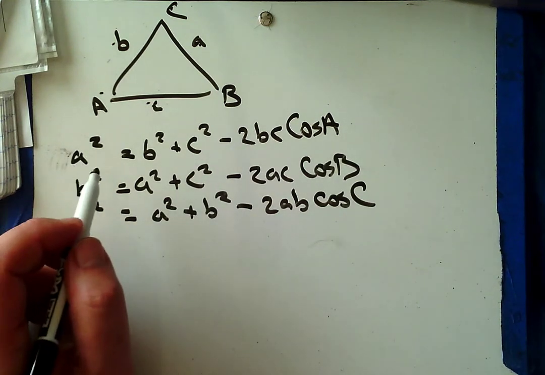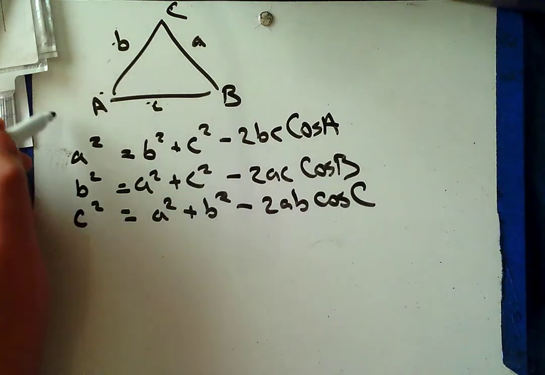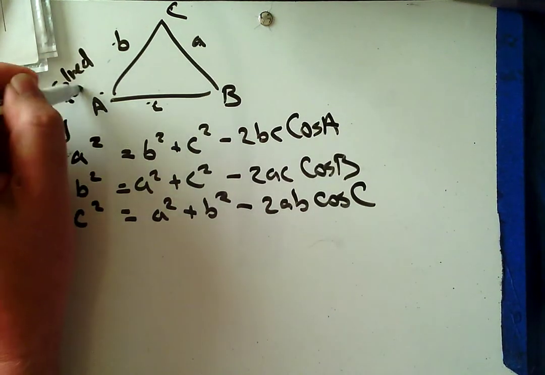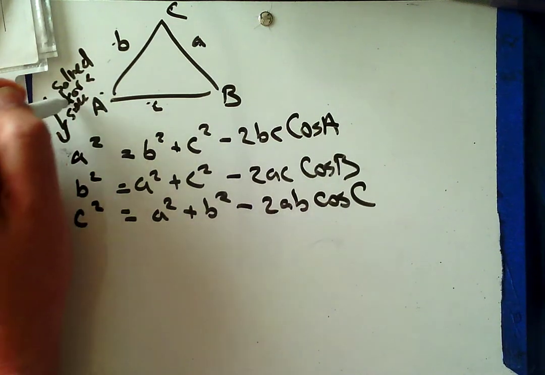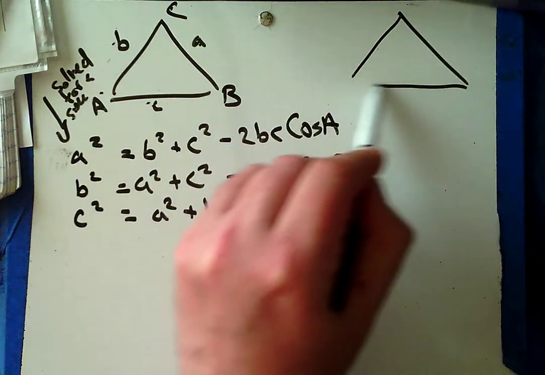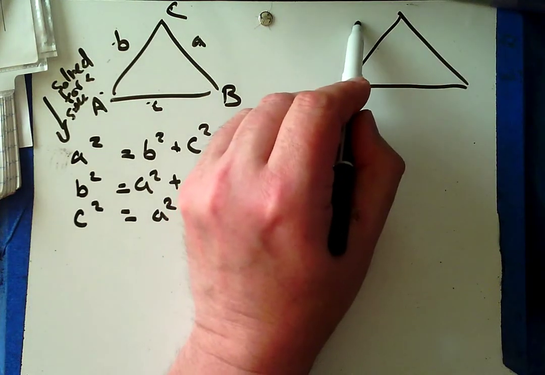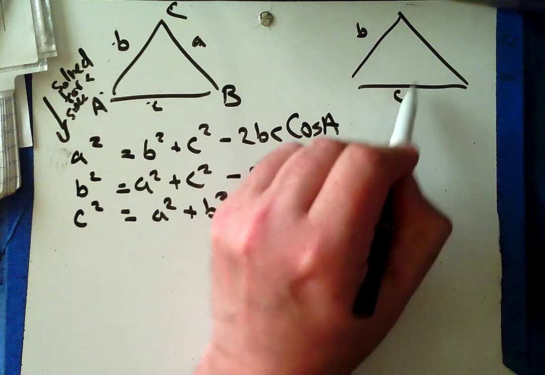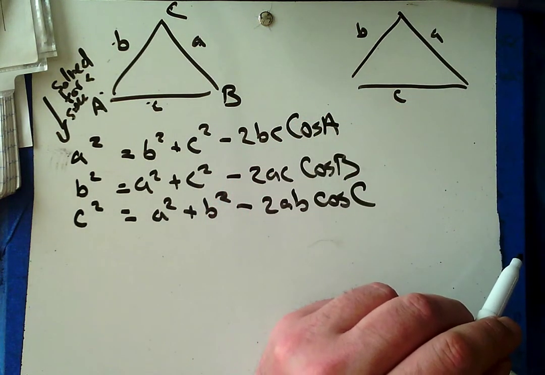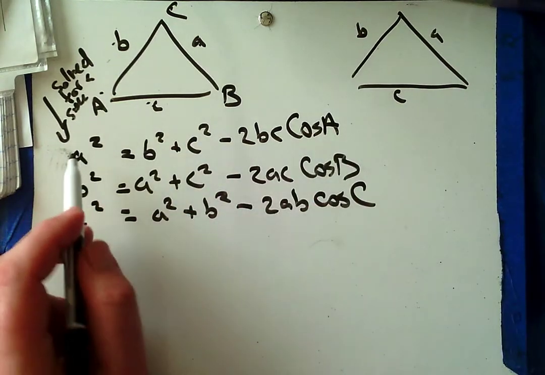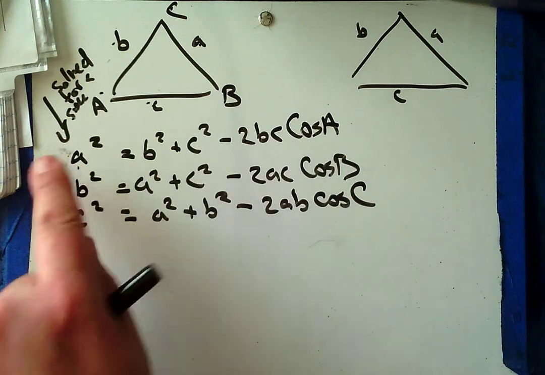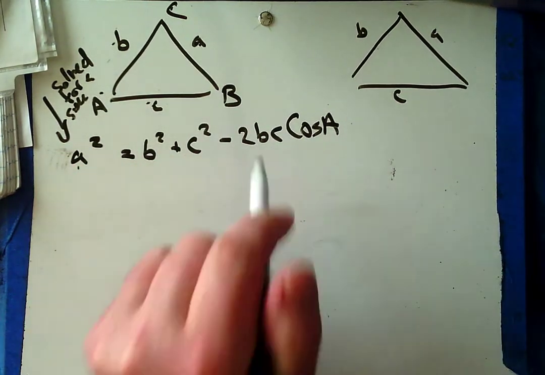Sometimes we see this formula written a different way. This is solved for a side. But sometimes we're using, especially in the case of side, side, side, where I know the three sides, but I don't know the angles, sometimes we would prefer to solve this equation not for a side length, but for an angle. So I would add this to both sides. Here, we'll just do that. We'll add this to both sides.